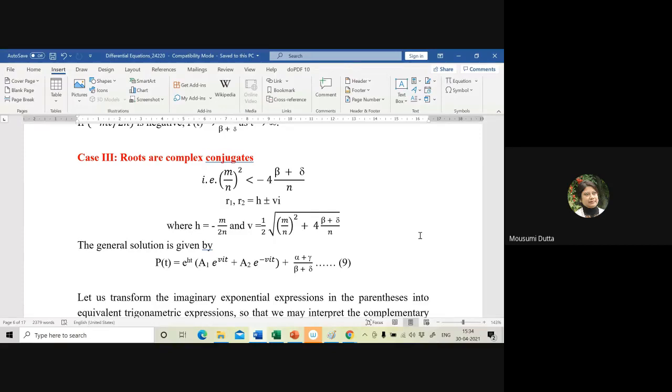When the time path is oscillatory, the oscillations may be damped oscillations, explosive oscillations, or uniform oscillations. So along with why the time path is oscillatory in the case of complex conjugates, we need to understand the issue related to convergence and divergence as well.